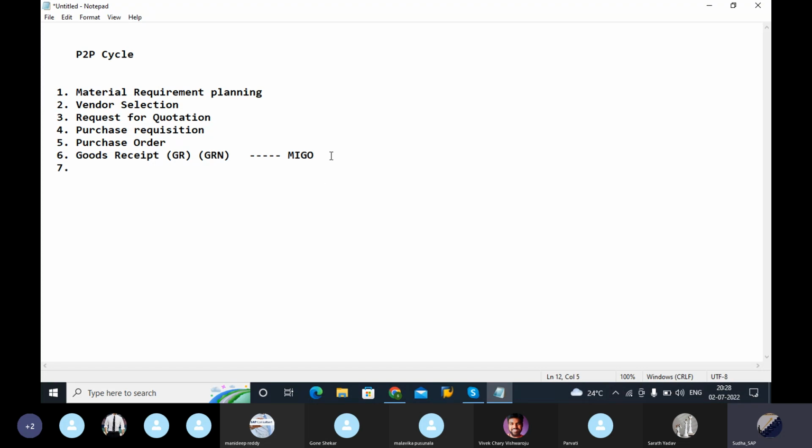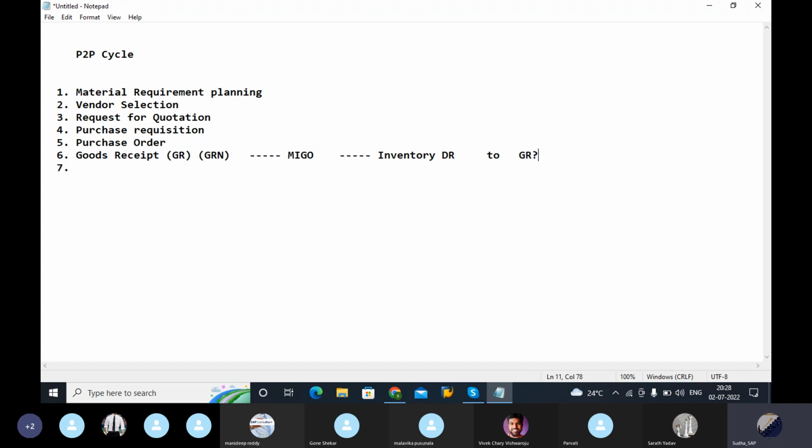For the above steps, we don't have any accounting entries. In goods receipt only, we have to create an entry. Inventory account debit to GRIR account.